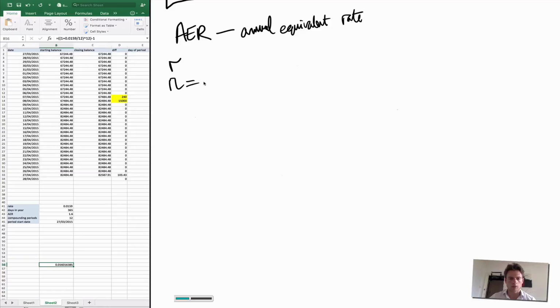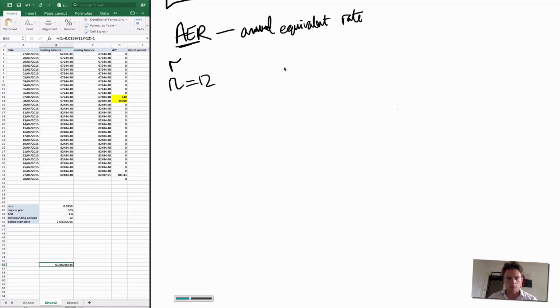So let's say n equals 12 for monthly compounding, or n would equal 4 for quarterly compounding. When that happens, the AER is the interest rate that will give you the equivalent yield, the equivalent final balance after 1 year, as if there's only one payment at the end of the year, right?